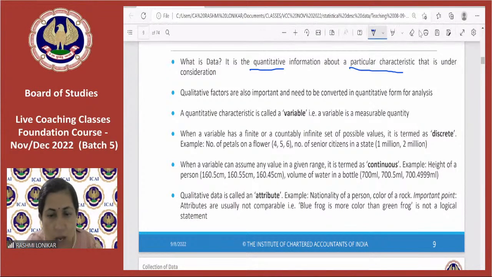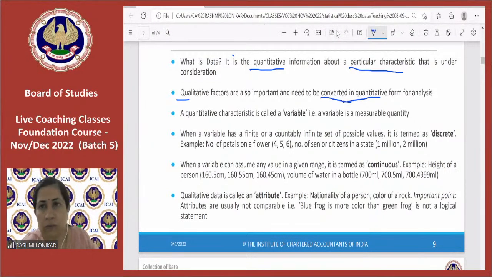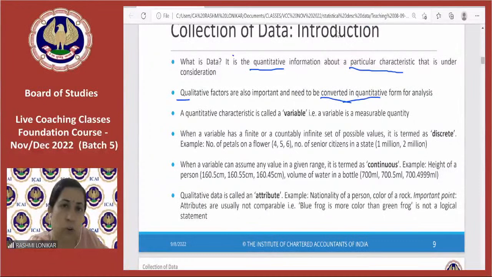Okay. So when I'm considering qualitative factors, these need to be converted into quantitative factors. Later on, when we do regression and correlation, you will see that when I want to make calculations about a beauty contest, how do the judges judge?